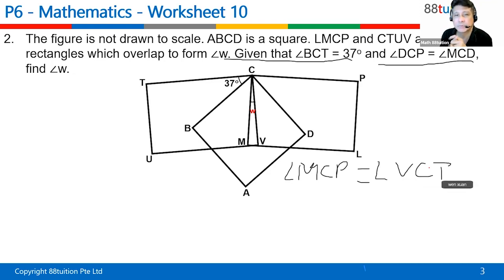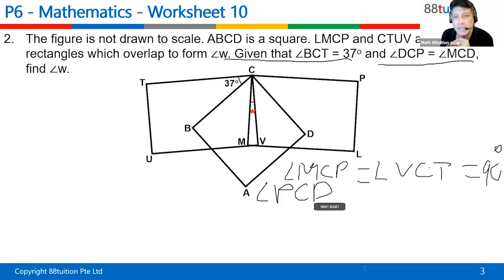Okay, so angle MCP is equal to angle VCT. Yes, which is the corner of the rectangle actually.